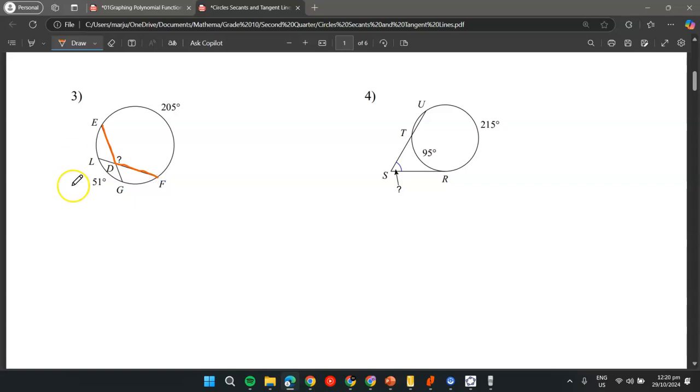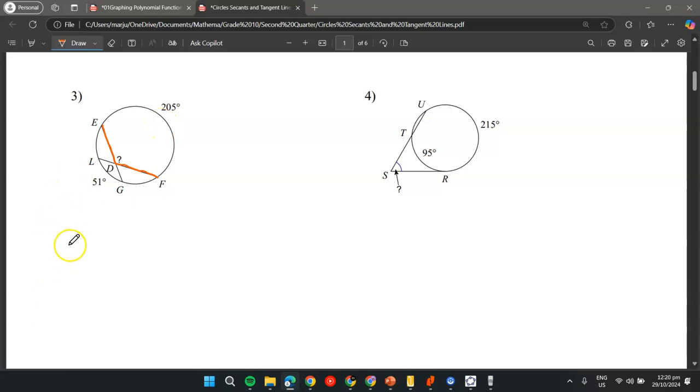By theorem, when two chords intersect within the circle, the measurement of the angle formed is 1/2 of the sum of the intercepted arcs.